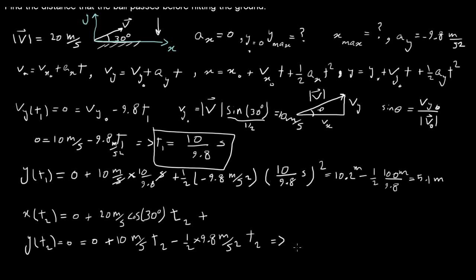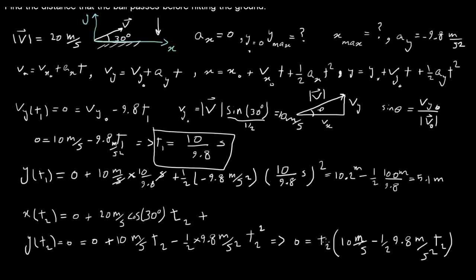Therefore, I can have a 0 equal T2 times 10 meters per second, minus half 9.8 meters per second square T2. So I just factored one of the T2.